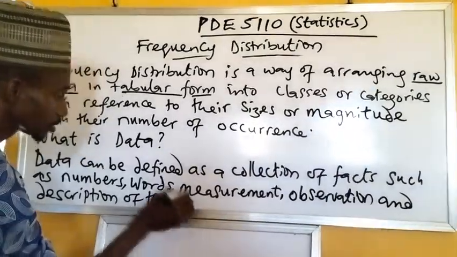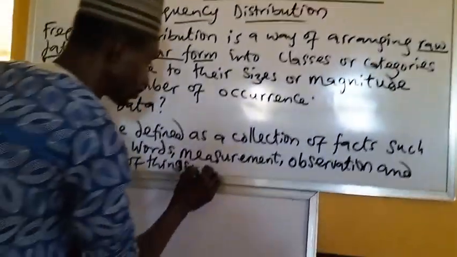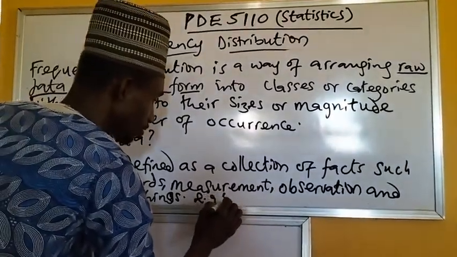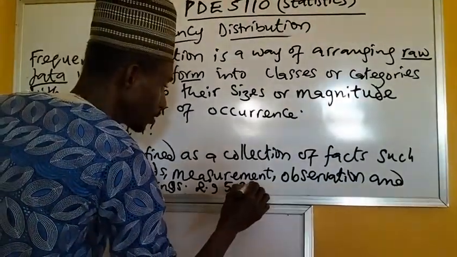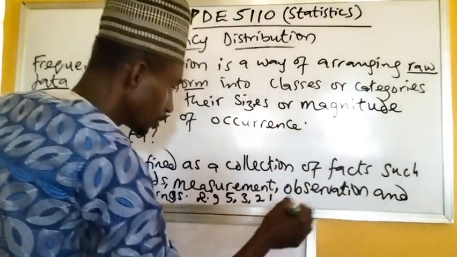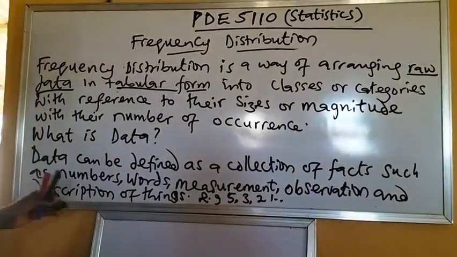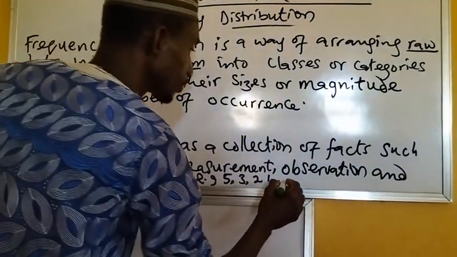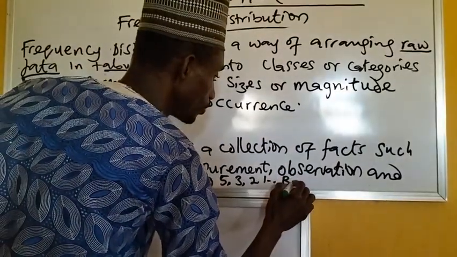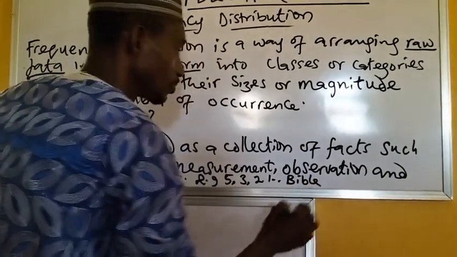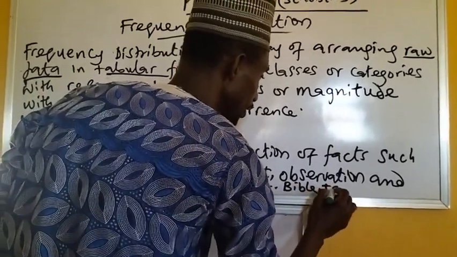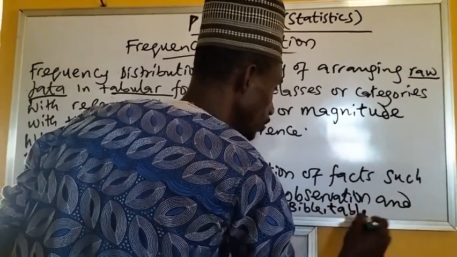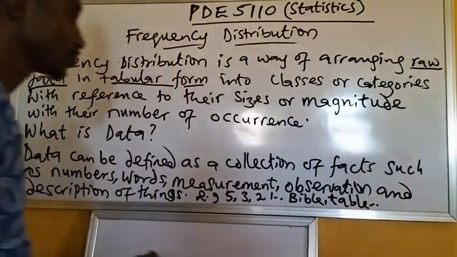Example, you can have numbers such as 5, 3, 2, 1, etc. And as well for words, we can have something like Bible, or something like table, and all.